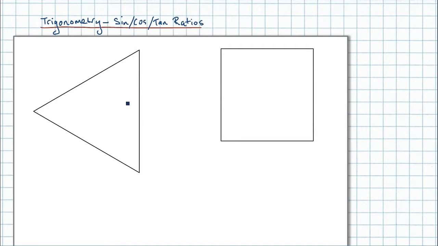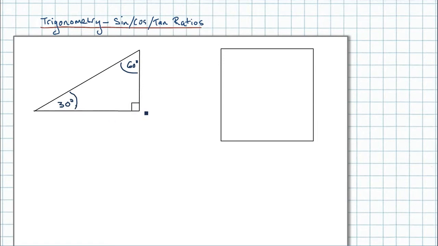Okay, well, let's go back to our equilateral triangle and now return us to where we were in the previous video, where we'd identified the special nature of half of an equilateral triangle, which is a 60, 30, 90 degree right angle triangle.